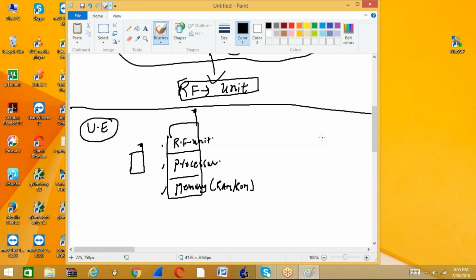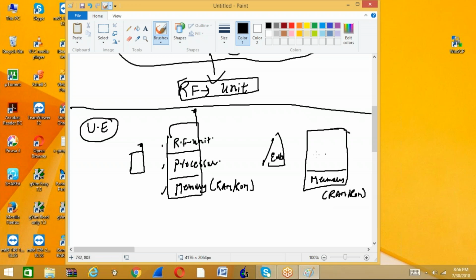In the same way, your base station. Presuming this is your eNode B, that is your base station. This base station also contains a memory, which contains RAM and ROM, a processor, and an RF unit.